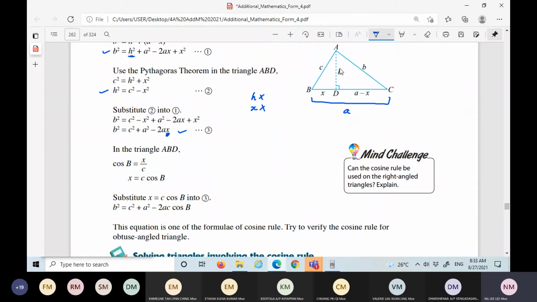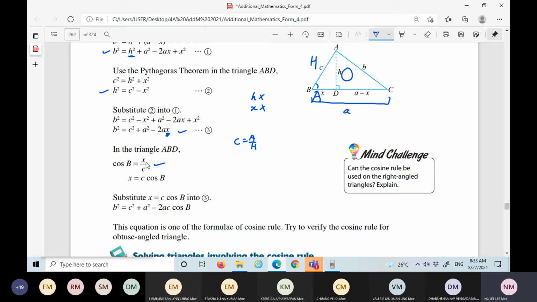Okay, so the H, I can relate it with this angle, cos B, because you have a right angle triangle. Cos B is equal to adjacent over hypotenuse. So this is the opposite, this is the adjacent, this is the hypotenuse. I write O, A, and H. So A is the X, and H is the C. So X over C, this is what you get.